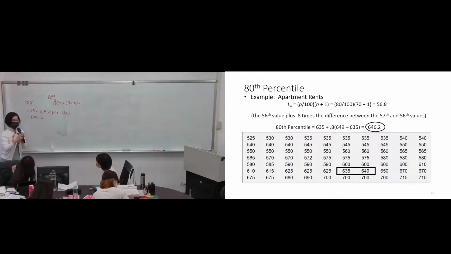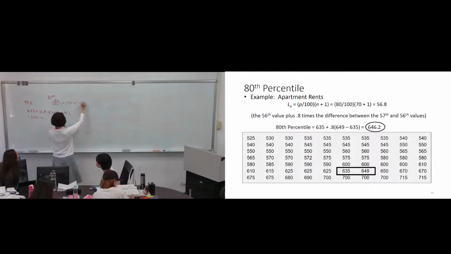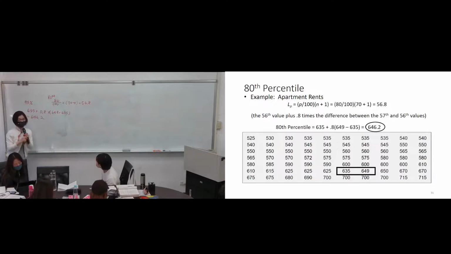And then it gives us the position, which is 56.8. So it should be a value. It is a value more close to the 57th, but it is not the 57th.